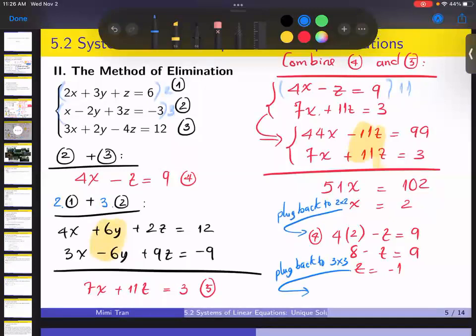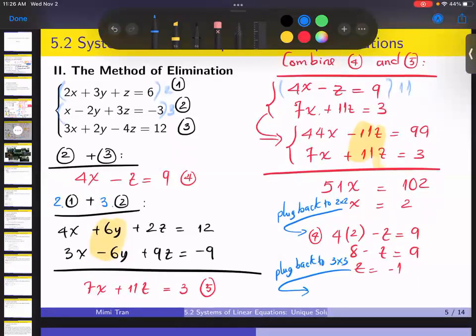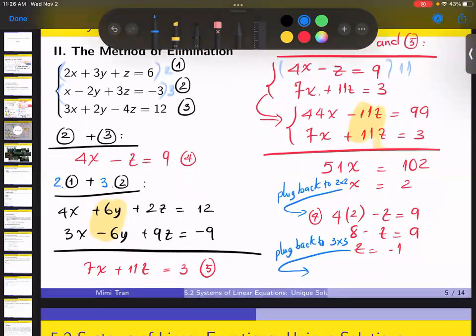And then you plug it back to one of the 3 by 3. I'll pick the first one. So 2 times x, which is 2, plus 3y, y we don't know, so leave it, plus z, which is -1, equals 6.